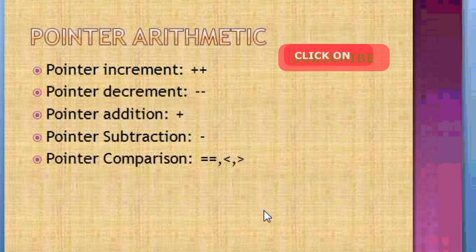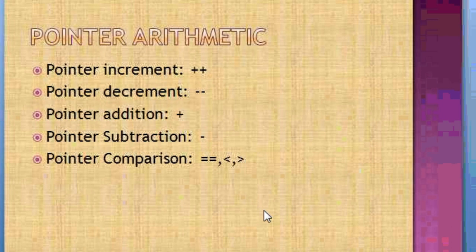Like we have the various arithmetic operations on an integer variable or float variable, the same way we can perform various arithmetic operations on pointer variables also. Like we have an increment operator. What does increment do when we write i is of type integer and i plus plus?